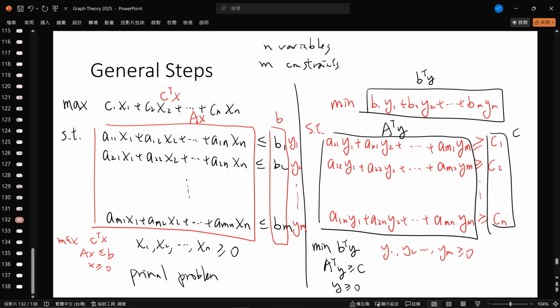So in the dual problem, we have n constraints. In the primal problem, we have n variables and m constraints. Now for the dual problem, we have m variables and n constraints.